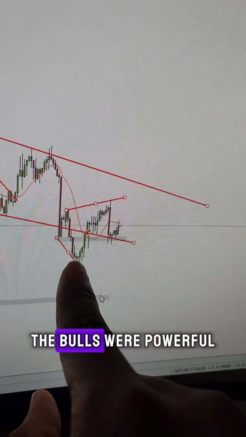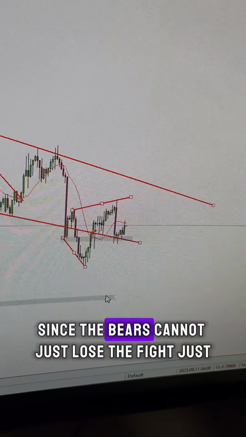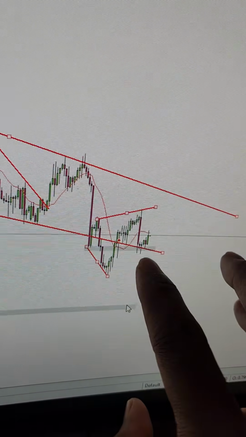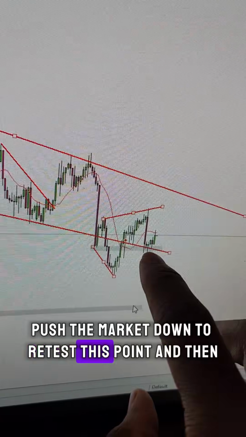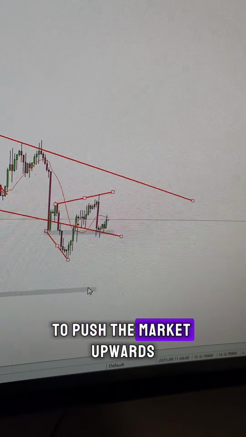But then the bulls were powerful enough to push the market upwards, and then since the bears cannot just lose the fight at once, it had to push the market down to retest this point and then grab the liquidity for the bulls to push the market upwards.